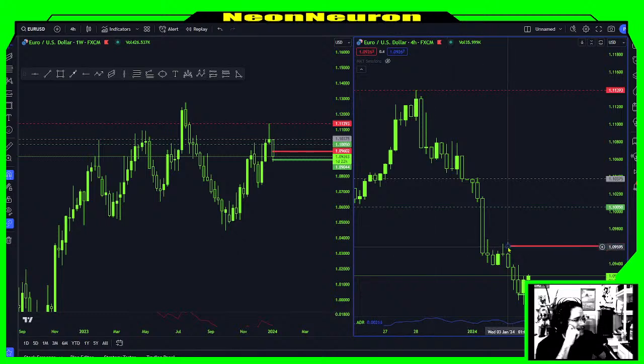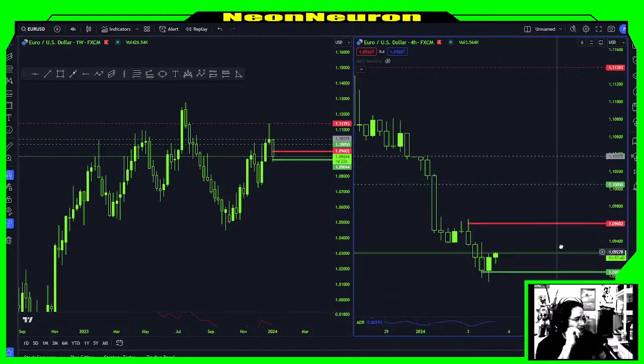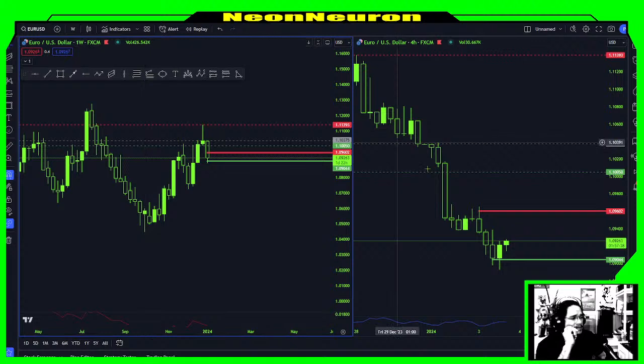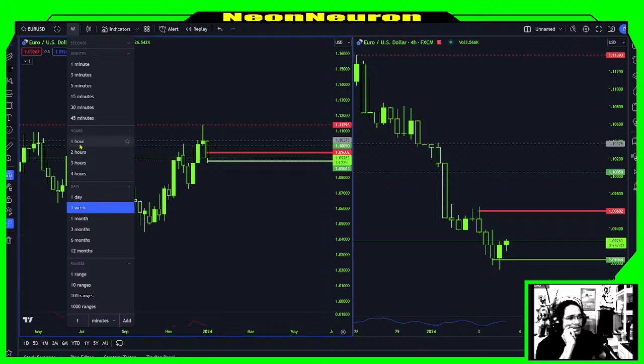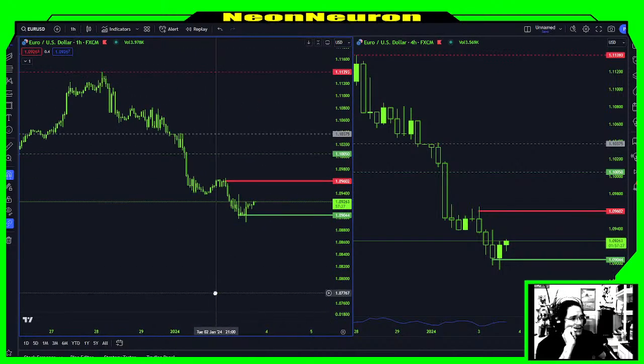So this green and this red, I like to put the red for resistance, the green for support. And that's these ones right now. So let's make this chart our 1 hour chart. So this is now a 1 hour chart.